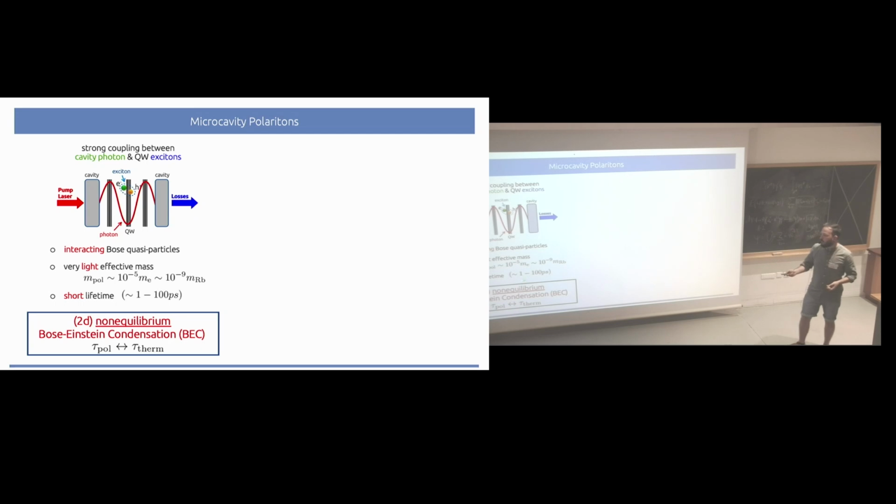That's why we need to talk about two-dimensional non-equilibrium Bose-Einstein condensation, because there is always a competition between the time scale needed by the system to thermalize and the lifetime of the quasi-particle. So in order to reach a steady state, we need to continuously pump into the system to overcome the losses of the optical cavity.